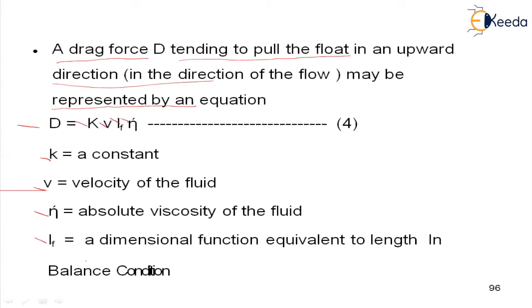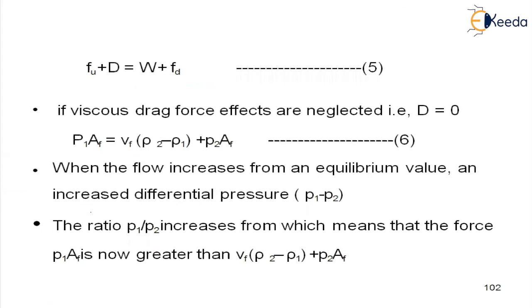So what is the balanced condition that I'm going to tell you? Because of three forces, the downward force Fd, the upward force Fu, and the drag force D, you are going to get a balanced condition, my dear students, and that particular condition is this. The upward plus drag force balance the weight plus the downward force.